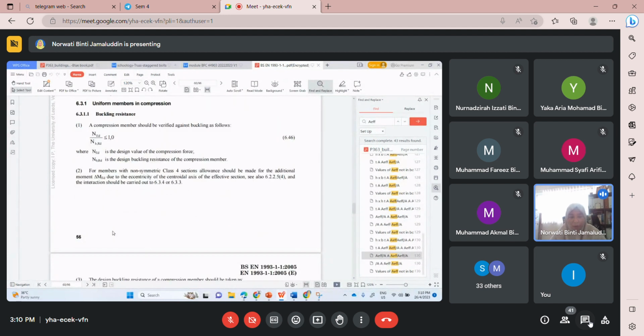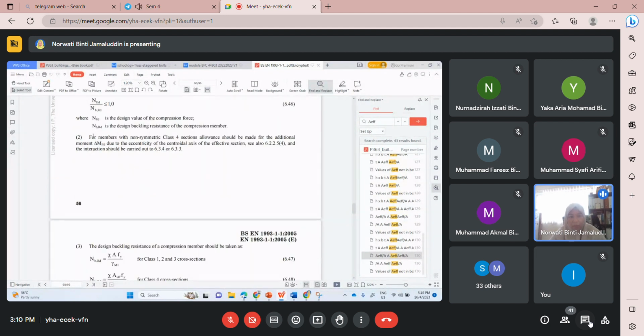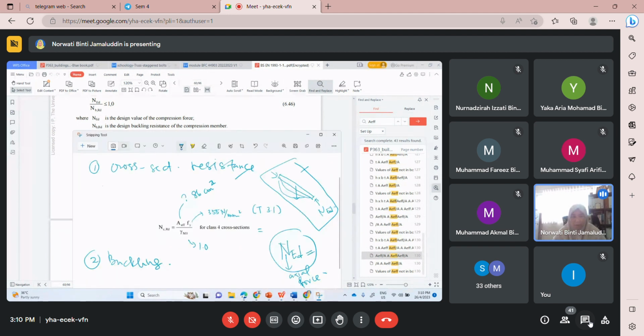NBRD. Okay, so for NBRD, it said for member with non-symmetric. In our case, it is symmetric, right? Symmetric lah.